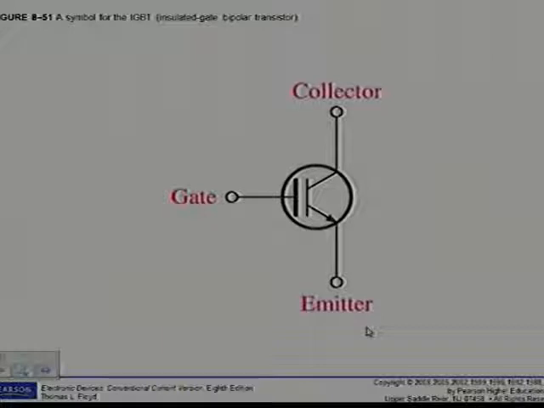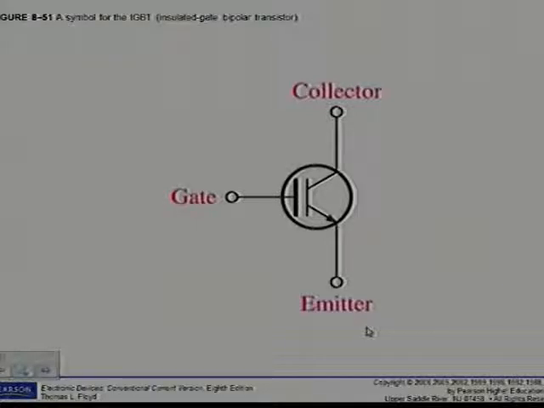Alright, of course you have to know the symbol for the IGBT as shown in figure 8.51. The IGBT is a device that has the output conduction characteristics of a BJT, but is voltage controlled like a MOSFET.